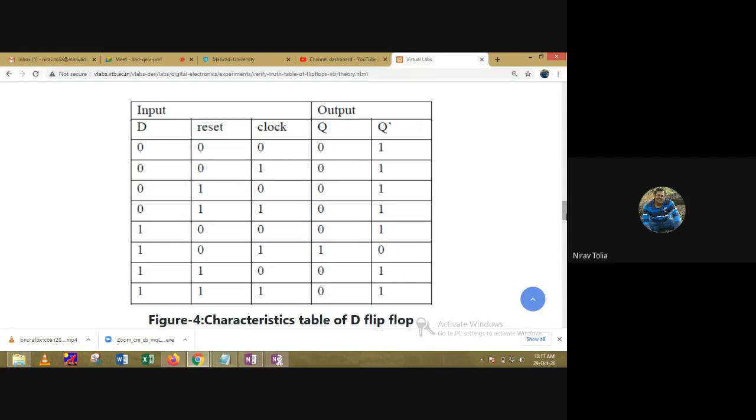So this is the truth table. You can see, we have two possibilities. Suppose my D is 0.